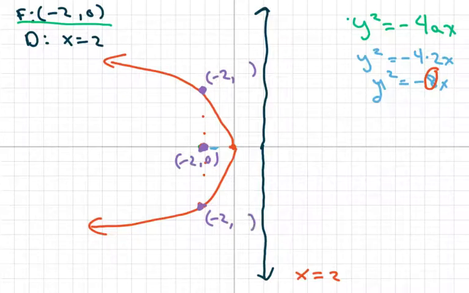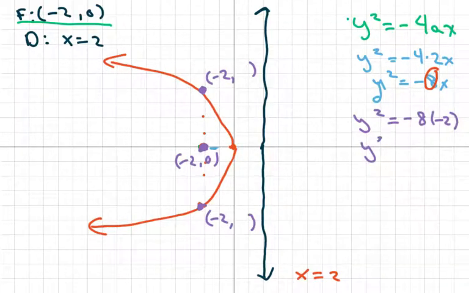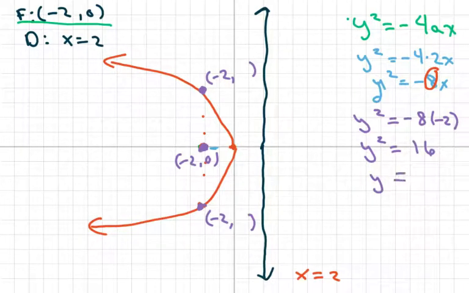So we're going to plug in -2 in for x to find our y. You get y squared equals 16. So y equals, you square root both sides, plus or minus 4. And that's what we did. We went up 4 and down 4. So from my 0 here, I'm adding 4 and subtracting 4.